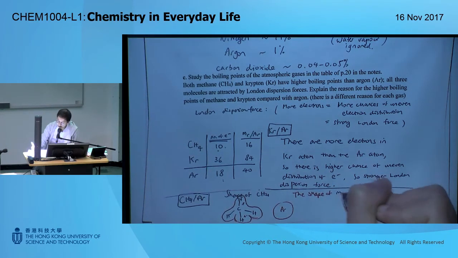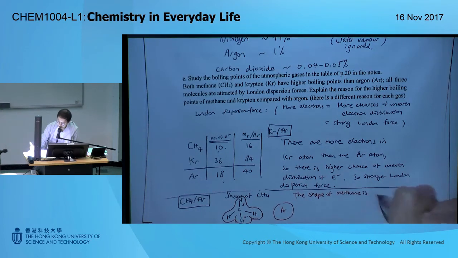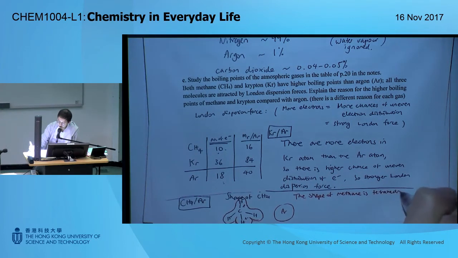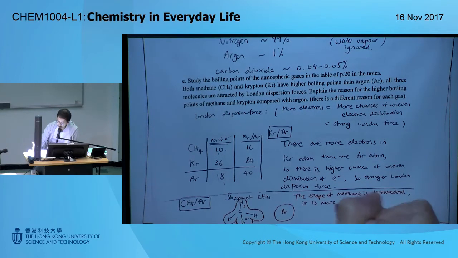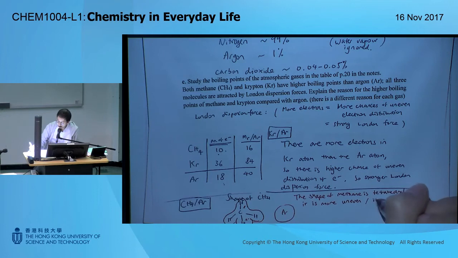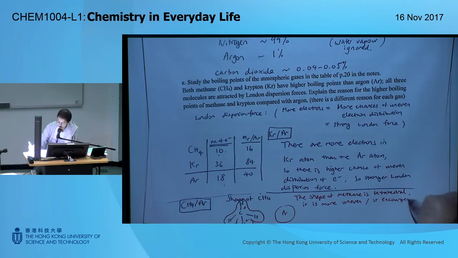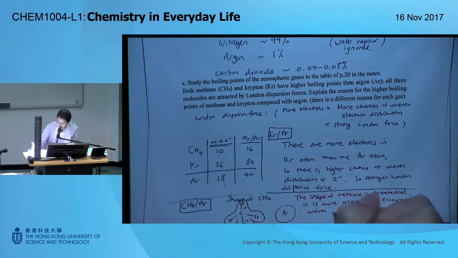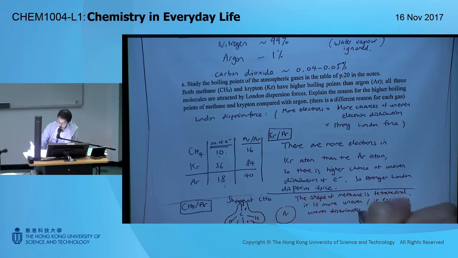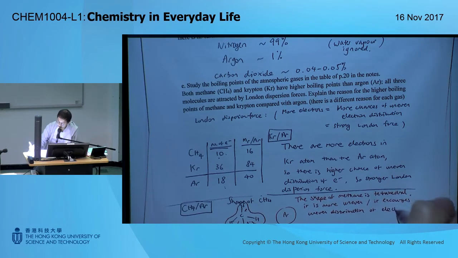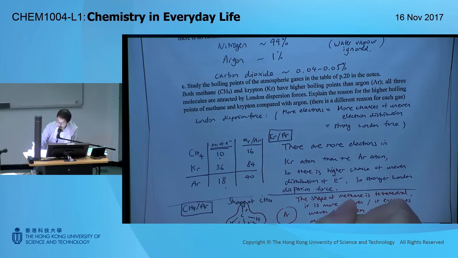The shape of methane is tetrahedral. It is more uneven. Or you can say it encourages uneven distribution of the electrons more than the spherical shape of the argon atom.